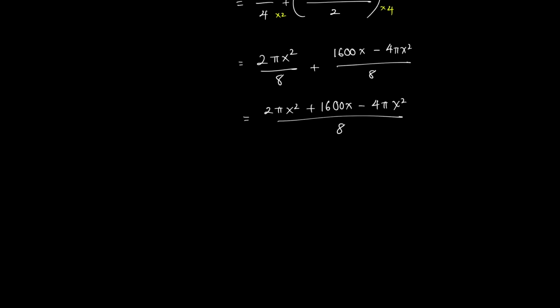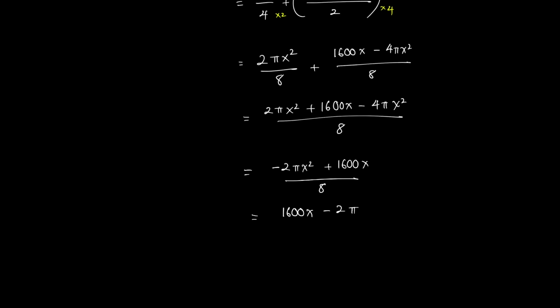Now we can further solve this equation, and then we get negative 2 pi x squared plus 1600x, divided by 8. Lastly, let me rearrange it so that the positive value comes to the front.